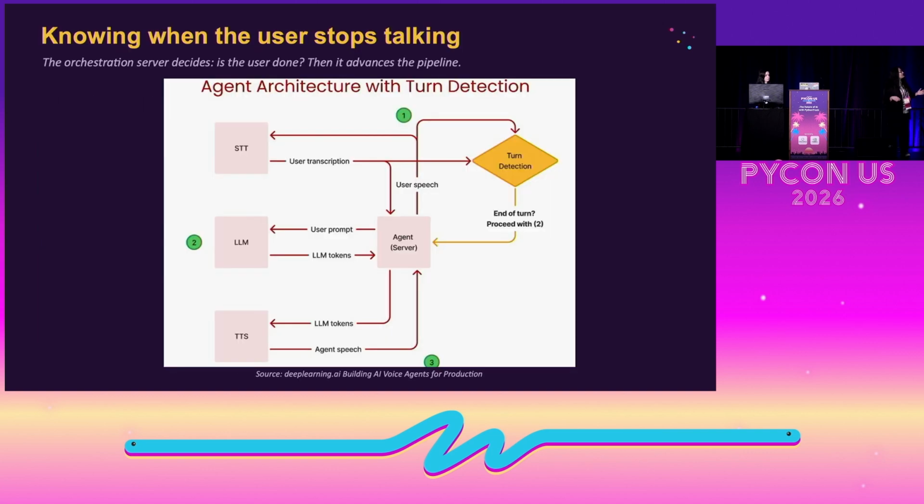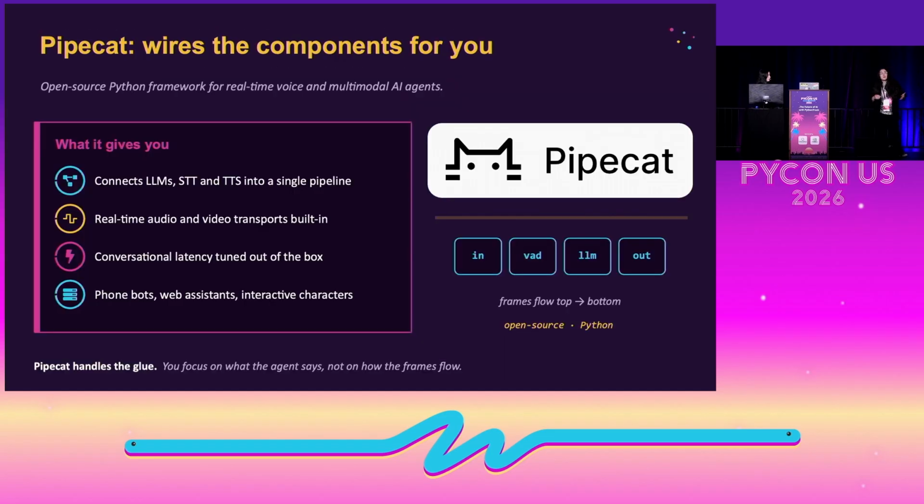So you can see it like this. In this diagram, you have the agent as a server, and all of this is happening underground. This is where the magic happens, and you have to detect the turns, then do the STT, the LLM, and the TTS. And how can you do all of this? Well, thanks to Pipecat, that is an open source framework that gives you all of the components that we saw already done, and you just have to invoke them and use them.